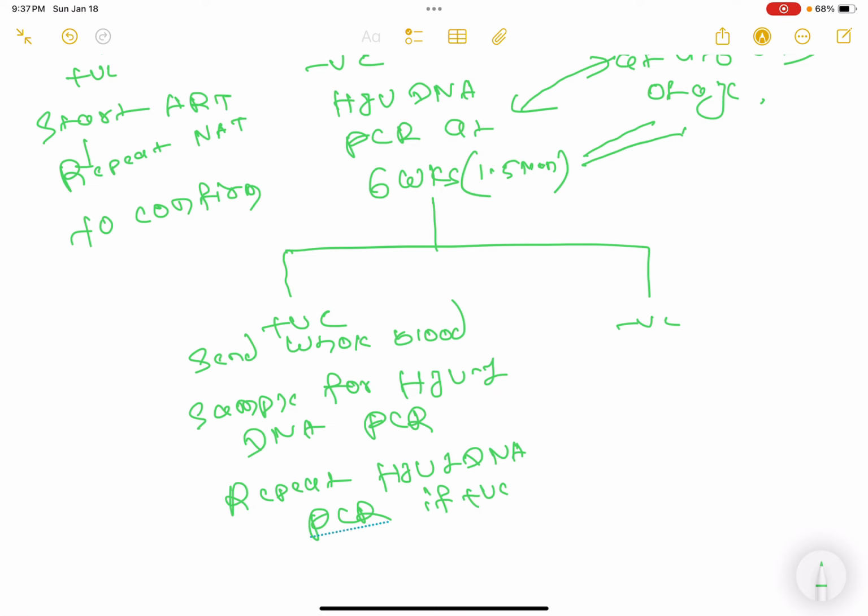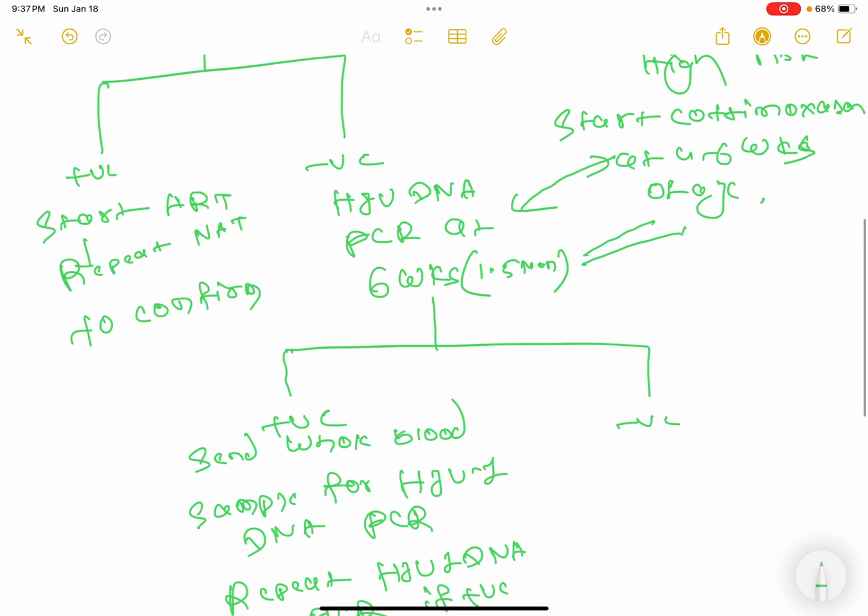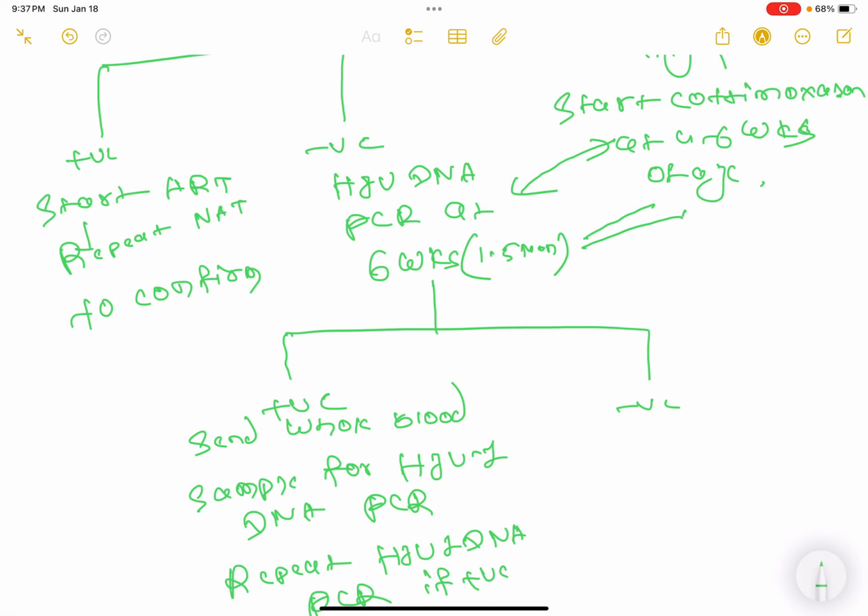So we are repeating the test if it comes positive, and if negative then repeat at 6 weeks, and if positive repeat at the same time to confirm the diagnosis. And this is the protocol.